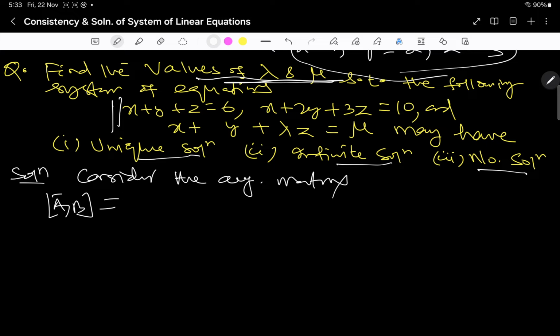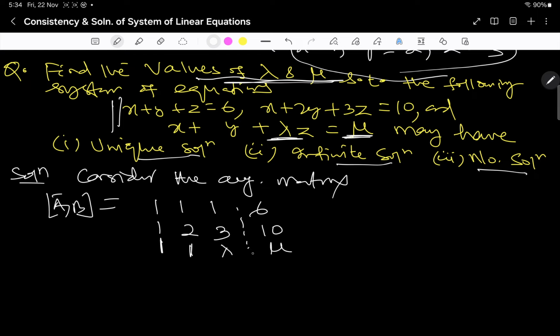So what is my augmented matrix here? I consider the coefficients 1 1 1, right hand side is 6, then 1 2 3, right hand side is 10. In the last equation you have lambda and mu, so it is 1 1 lambda and mu.